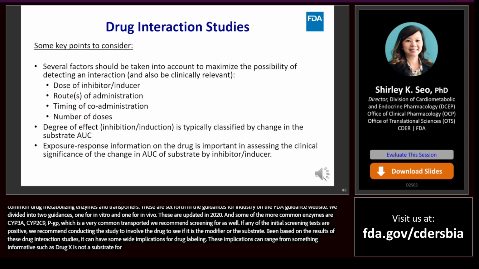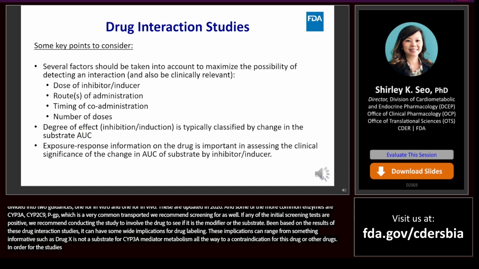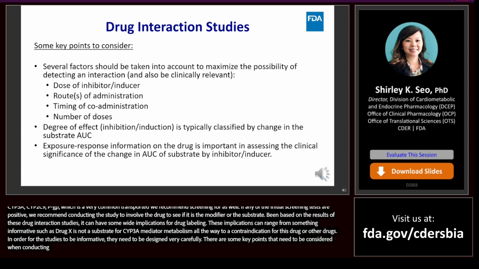In order for drug interaction studies to be informative, they need to be designed very carefully. There are some key points that need to be considered when conducting a drug interaction study. Some of these would be factors that need to be taken into account in order to maximize the possibility of detecting an interaction.